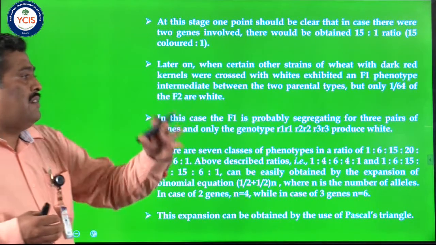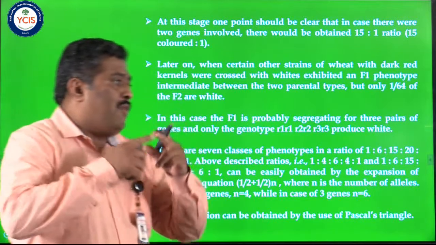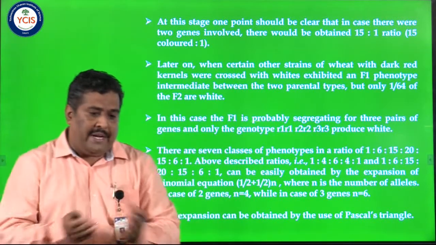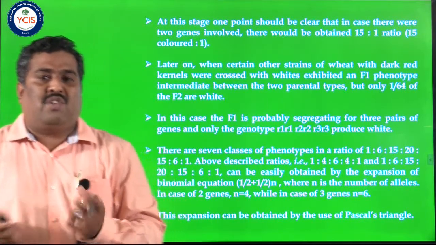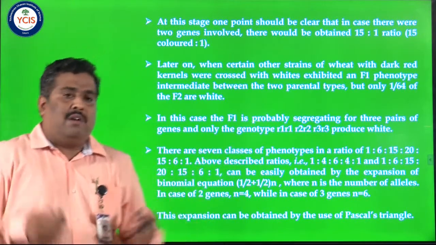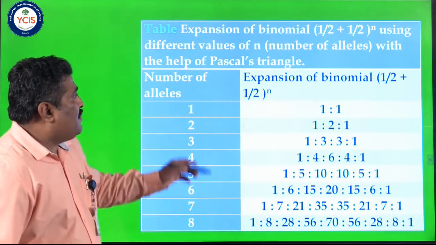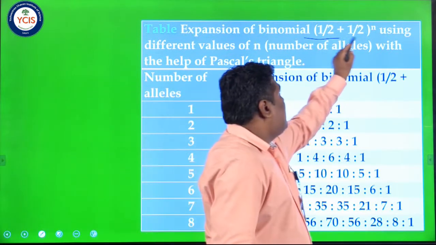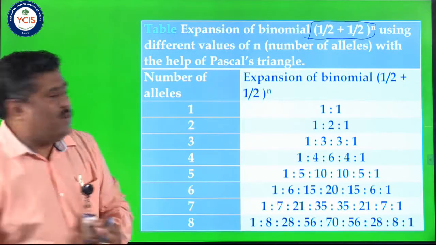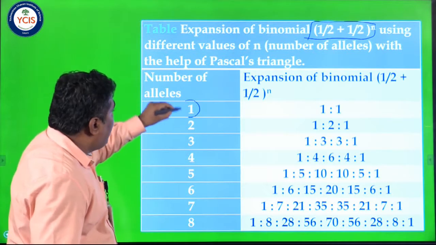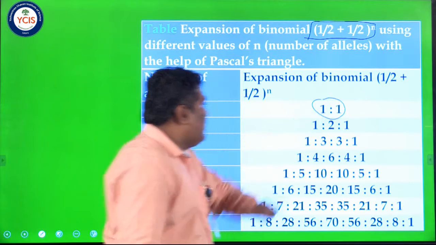So there are 7 classes of genotypes, as we said earlier. For the expansion of this phenotypic ratio, if we use Pascal's triangle, we can have the binomial expansion, for which there is a mathematical formula. Using the number of contributing alleles, with 1 allele we have a phenotypic ratio of 1:1.